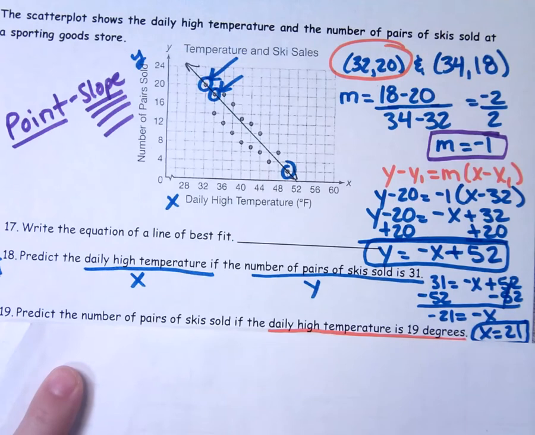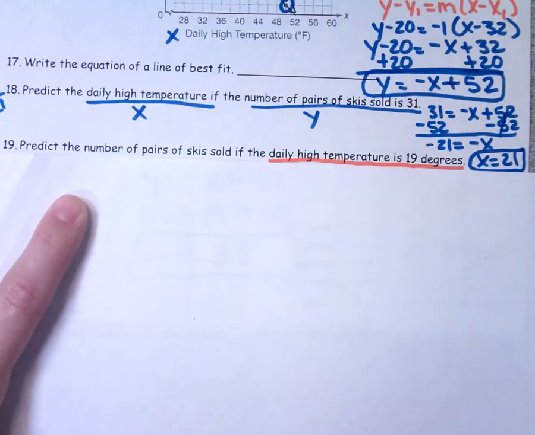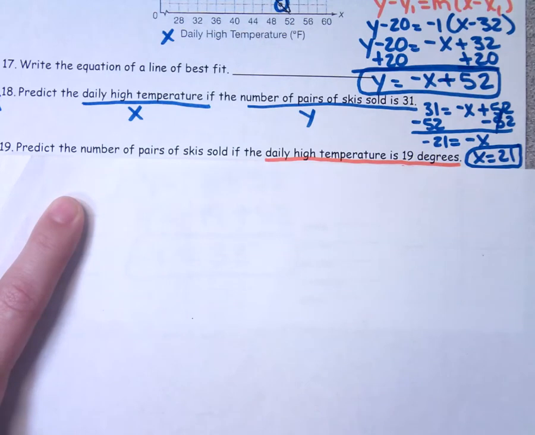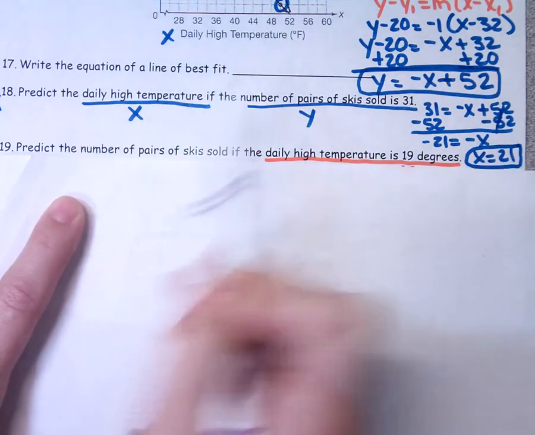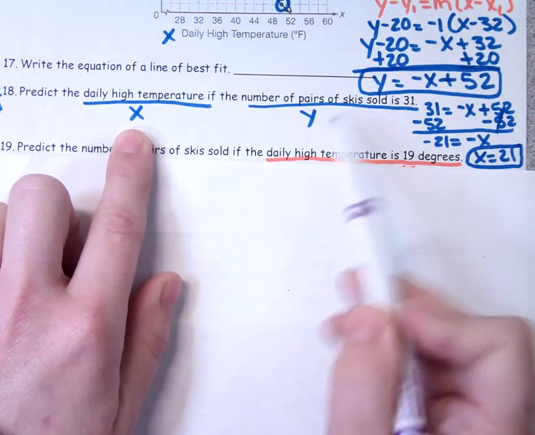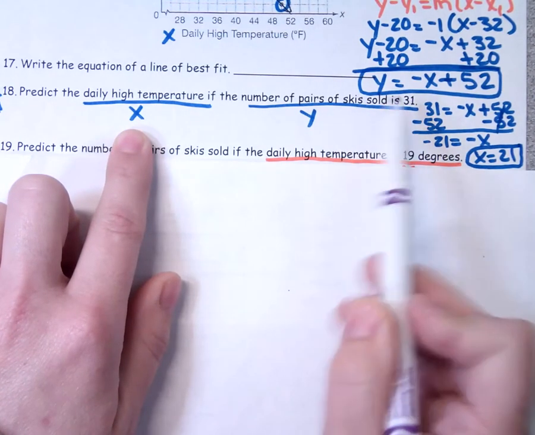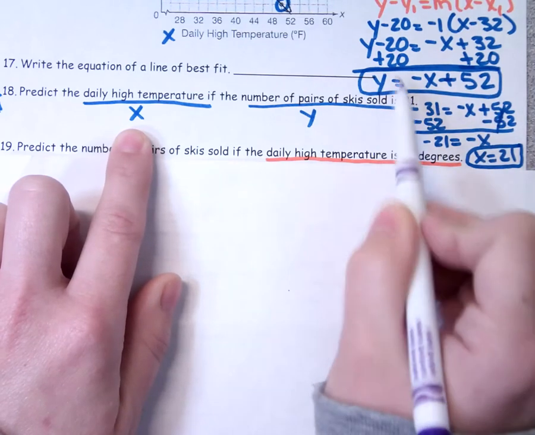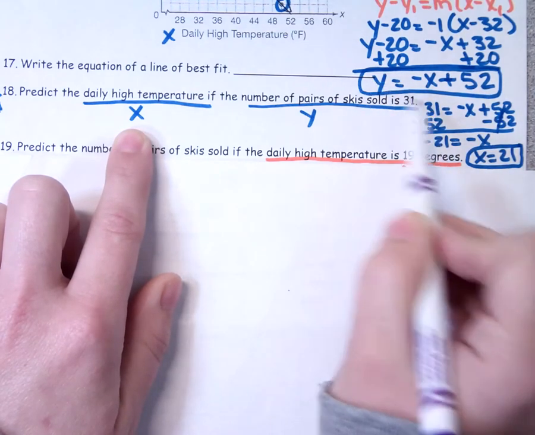Okay, 18 says predict the daily high temperature if the number of pairs of skis sold is 31. Well, I know if I want to predict the temperature, the temperature is the x. That's what I'm going to solve for. So the number of skis sold, 31, is the y. So all I did was I took this equation and I put a 31 where the y is.